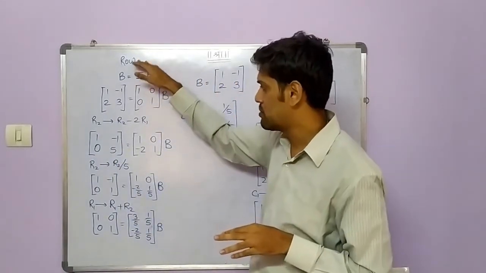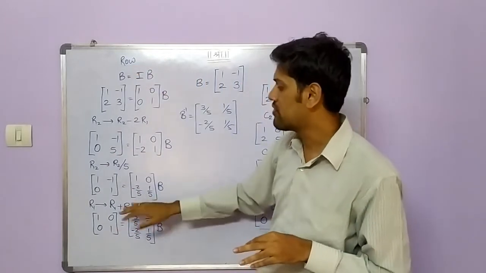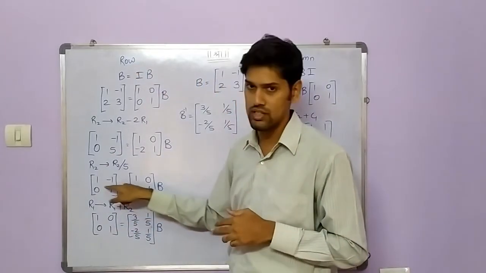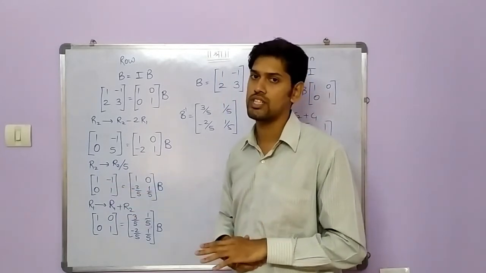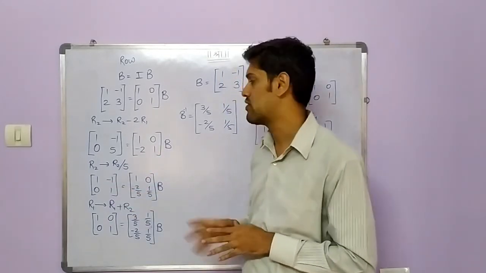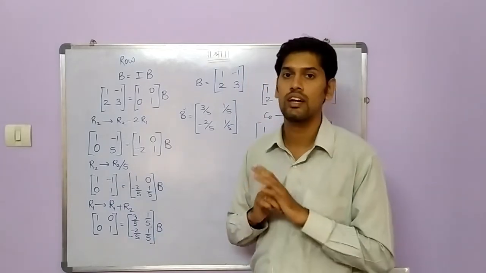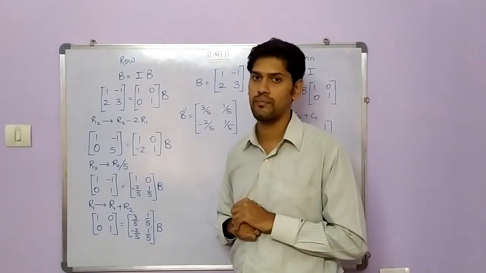And during row transformation, while performing the operation, if any of the row becomes 0, 0, that is both are zeros, then in that case you will mention that the inverse of the given matrix does not exist. It can happen in such a way.